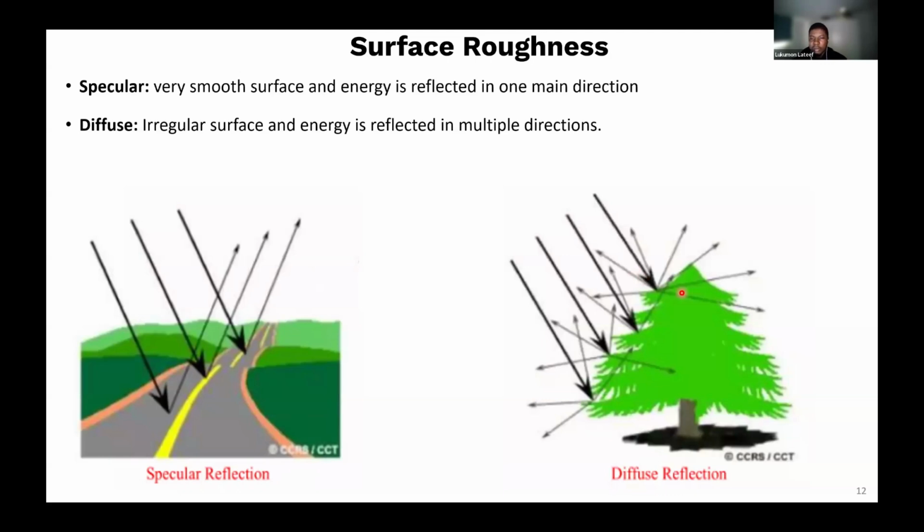So that's the difference between specular and diffuse. Diffuse is like a regular surface, and when the radiation hits the surface, it is reflected back in several directions, and the sensor has the chance of capturing more reflectance.